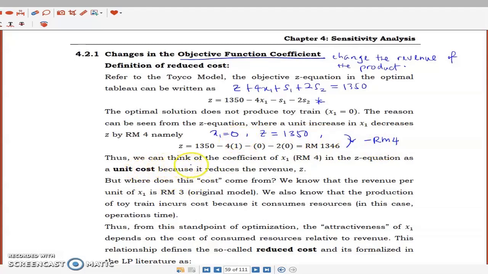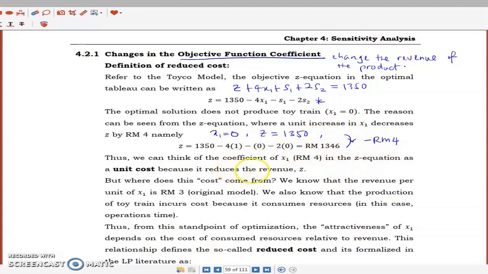Thus, we can think of the coefficient of x1, which is 4, in the z equation as a unit cost because it reduces the revenue z. By increasing 1 unit of toy train, the revenue is reduced by 4 ringgit.